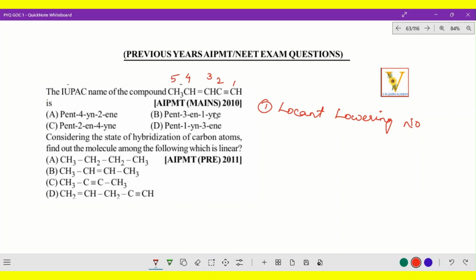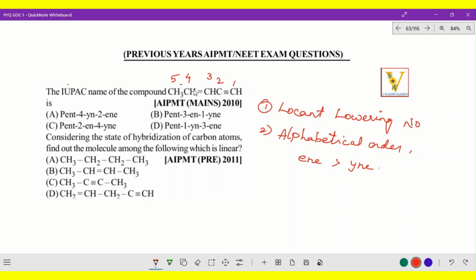And while giving the name, yne and ene: the second point is alphabetical order. Alphabetical order, yne comes first, then ene. So here five carbons are there.